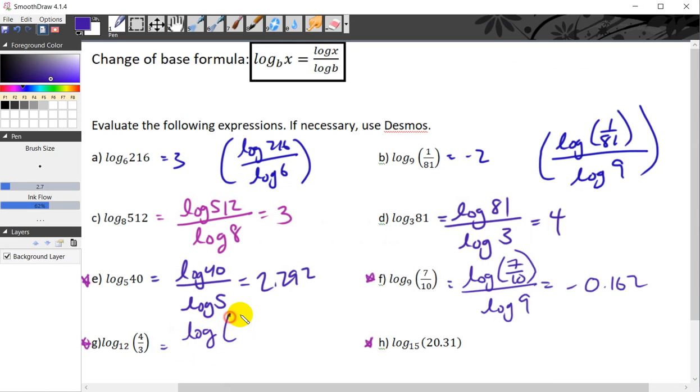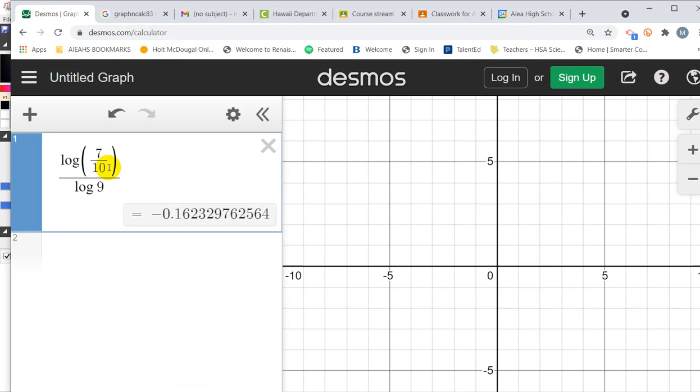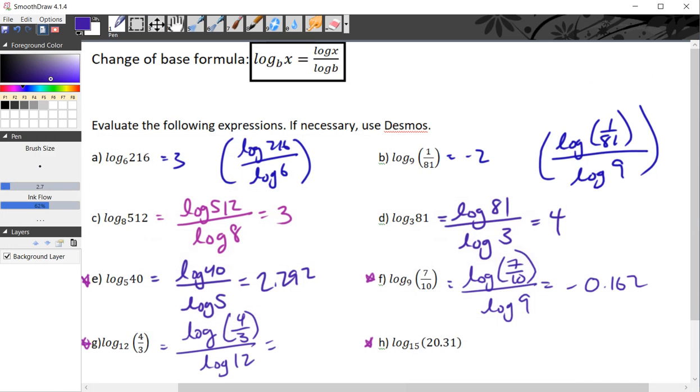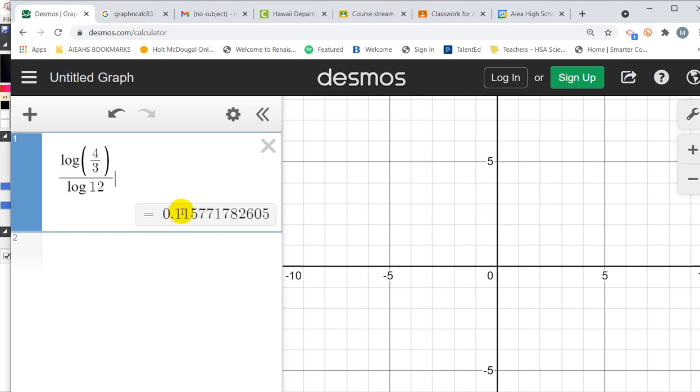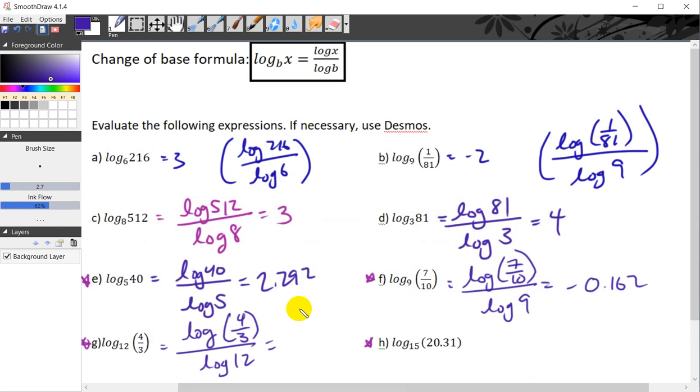This is log of 4 over 3 divided by log of 12. Okay, so let's go ahead and write this in. Log of 4 over 3 divided by log of 12. Looks like this is going to be 0.1158, or maybe 0.11.